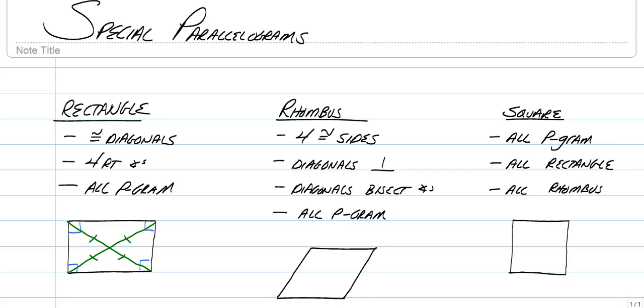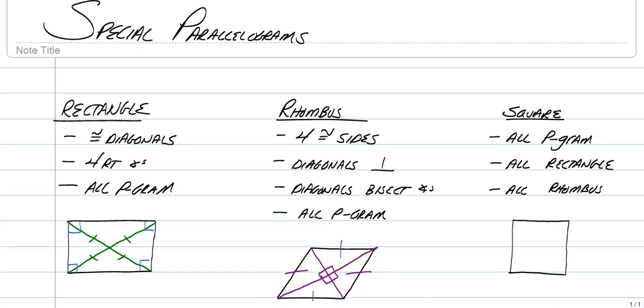Okay? In a rhombus, it is a parallelogram, so the same original 5, plus all 4 sides are congruent. Your diagonals are going to do 2 things. The diagonals will be perpendicular.